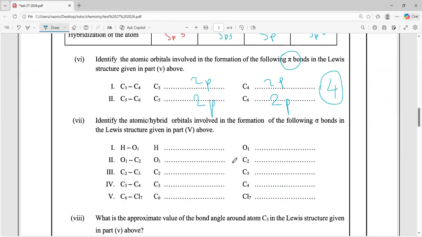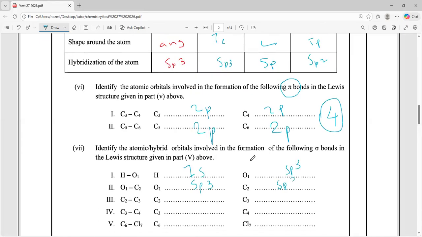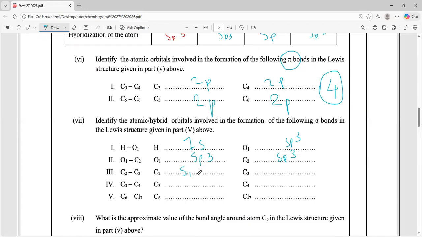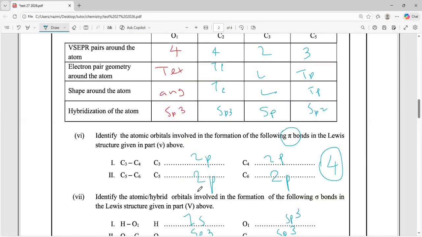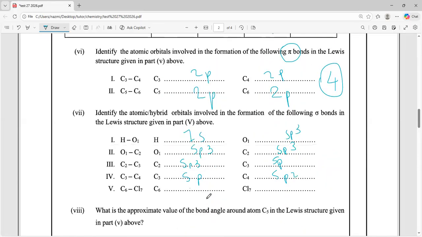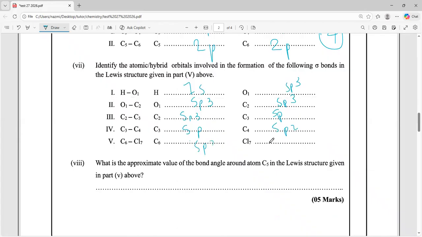Identify the atomic or hybrid orbitals involved in the formation of the following sigma bonds in the Lewis structure given in part 5 above. Now hydrogen 1 is sp3. Here sp3, sp2, no, sp3. Then sp3, sp. Then sp, sp2. Then C6 is sp2, sp2 3p.